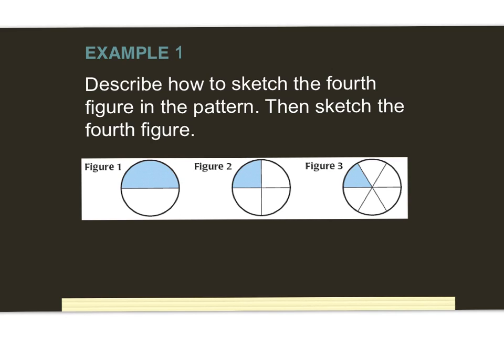How many are colored? Still 1. Figure 3, cut into 6. And how many are colored? 1. So what do we think is going to happen the next time? Cut into 8. How many things do you think are going to be colored? Still 1. Okay, so to your best ability, draw what it would look like.